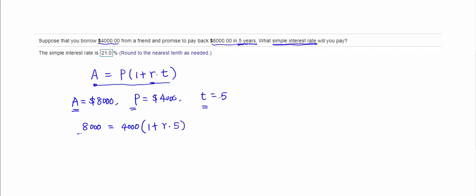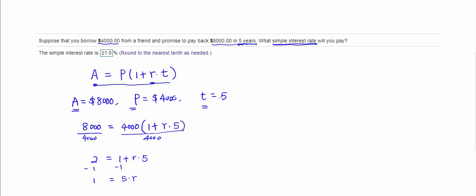So if we do that, the left-hand side becomes a whole number 2, and the right-hand side becomes just 1 plus R times 5. And then we can subtract a 1 from both sides. Okay, so the left-hand side becomes 1, then the right-hand side becomes R times 5, or 5 times R if you want to switch the order.